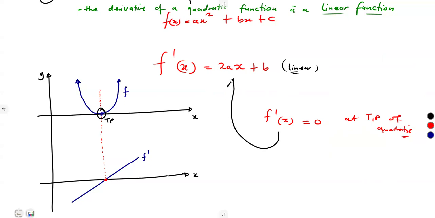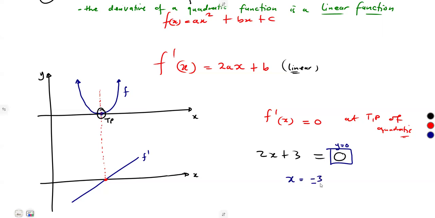Remember, the first derivative represents your linear function. So if you are taking a linear function, let's say 2x plus 3, then you equate to 0 like this. What are you finding when you are equating to 0? You are saying the value of y is equal to 0 for that linear function. So you are calculating the value of x, which is the x-intercept.